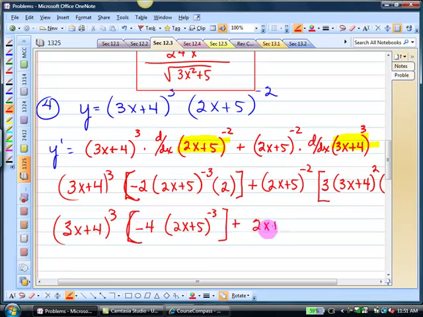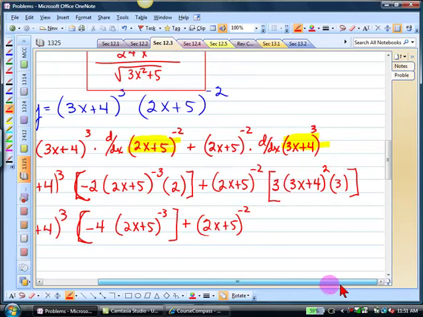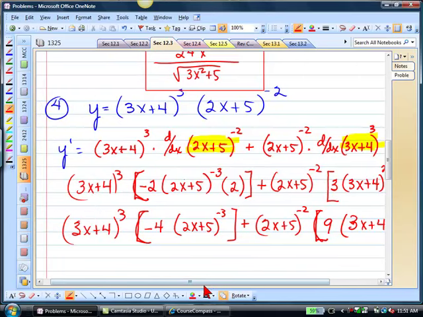Plus 2x plus 5 to the -2 times 9 times 3x plus 4 squared. I just keep wanting that to be parentheses. All right. We got that. Everybody good there? Okay.